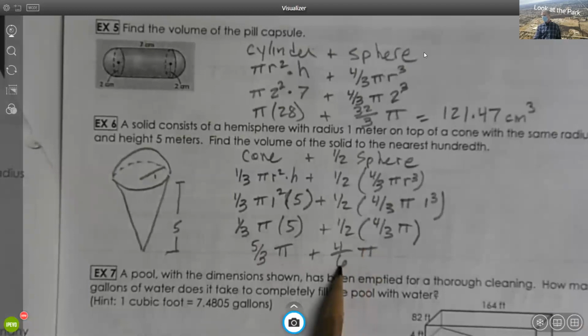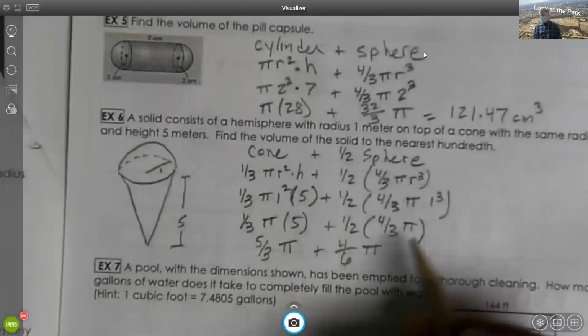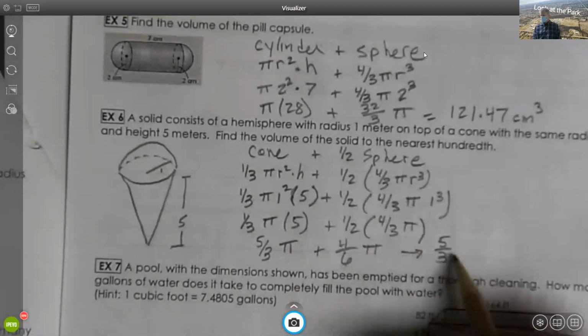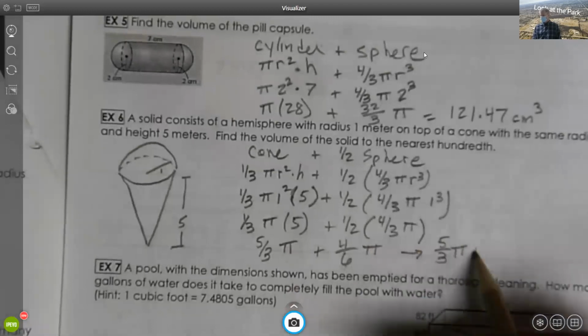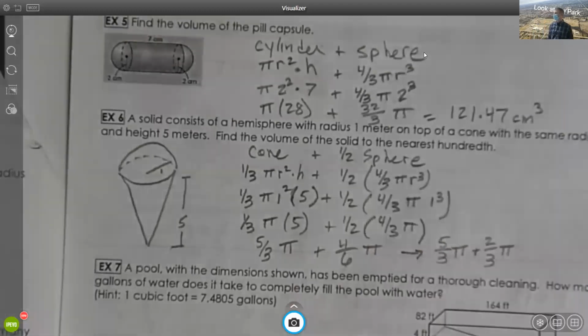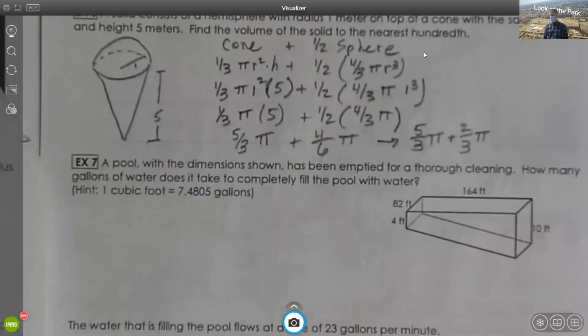The advantage of 2/3 is that this one over here is 5/3. Oh, I see what's going on. So you could say that you have 5/3 pi, and you have 2/3 pi. I reduced the 4/6, so I had common denominators.